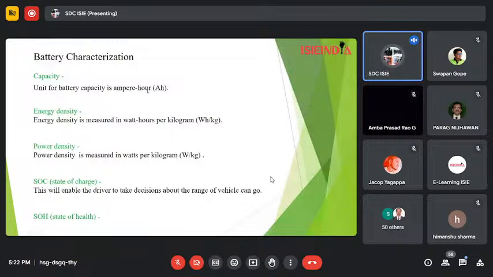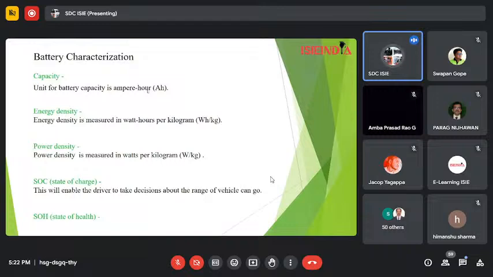Battery characterization. Whenever we store fuel inside our petrol vehicle, we measure it in liters or gallons, right? So how to measure the current which is stored inside the battery pack? Here we are using ampere hour. So the unit for battery capacity is ampere hour.